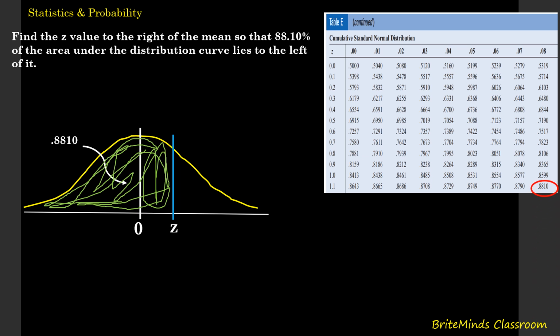So this is the area, 0.8810, which corresponds to the z value of 1.18. So the z value that corresponds to the given area is 1.18.